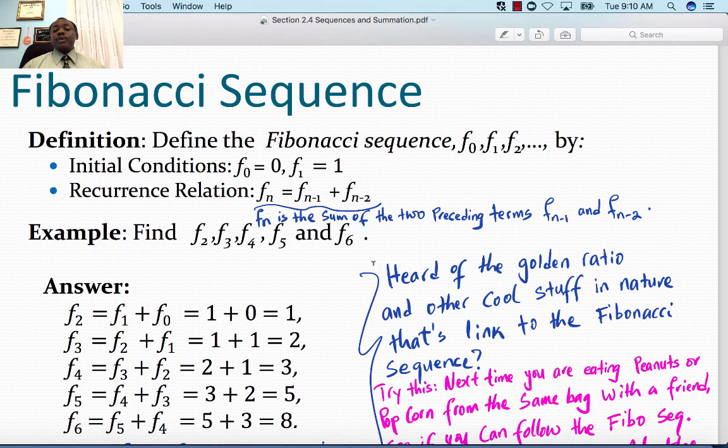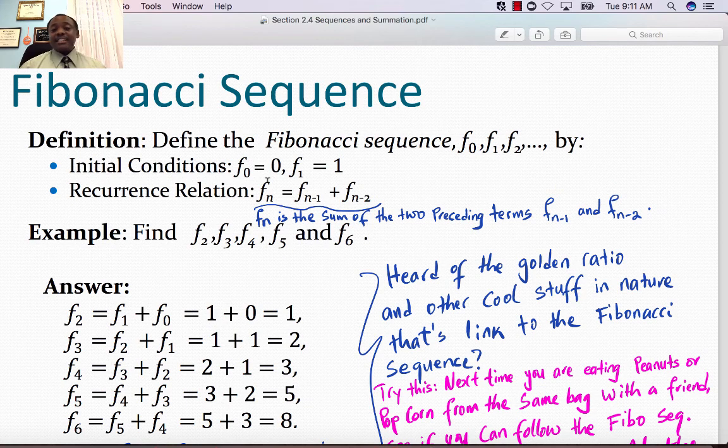So if you were to remember this very easily, the nth term in a Fibonacci sequence is simply the sum of the two directly preceding terms. So F_n equals F_(n-1) plus F_(n-2). So it's very easy to tell what the next term would be, with the initial conditions that F_0 is 0 and F_1 is 1.